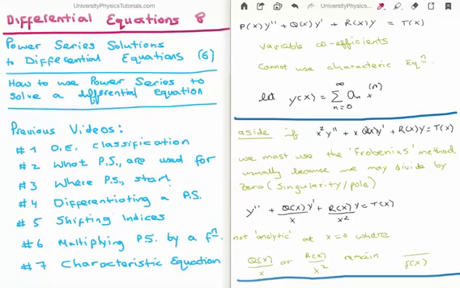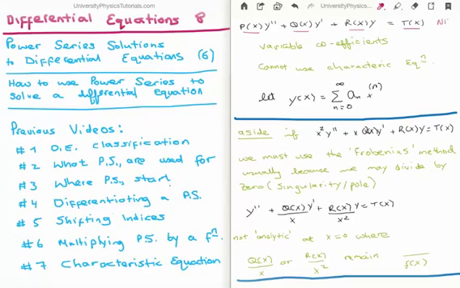So let's say, for example, we have the differential equation written on the top right of your screen. This equation has the variable coefficient p, a function of x, multiplied by the second derivative of y, plus the variable coefficient q of x multiplied by the first derivative, the variable coefficient r of x multiplied by the 0th derivative, and is equal to another variable coefficient t of x.